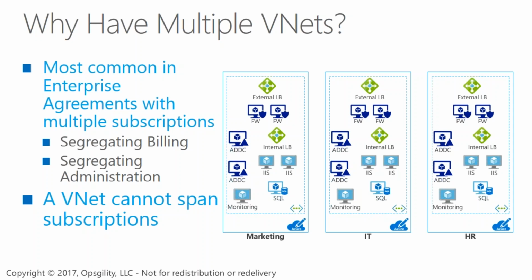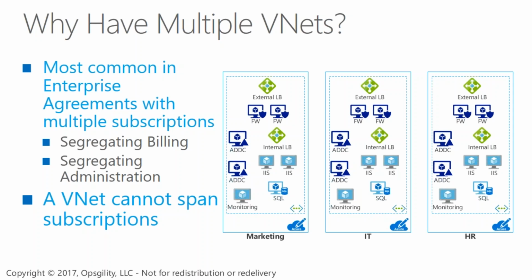So you can see in this example on the slide, I've got an organization that has these 3 departments, the marketing, the IT, and the HR department. You can see that they each have different virtual networks and they have quite a bit of infrastructure deployed in each virtual network. But by default, again, these are isolation boundaries. And so a company like this is probably going to want to connect these virtual networks.